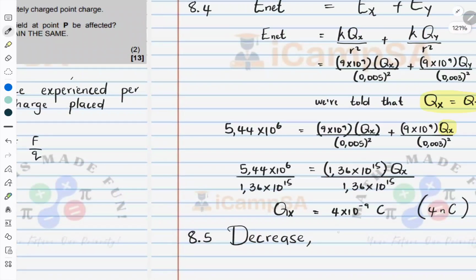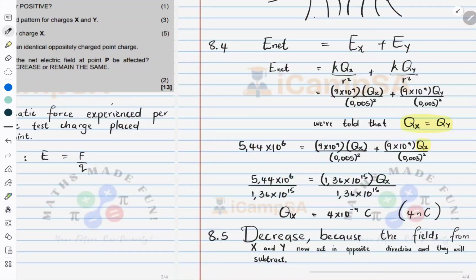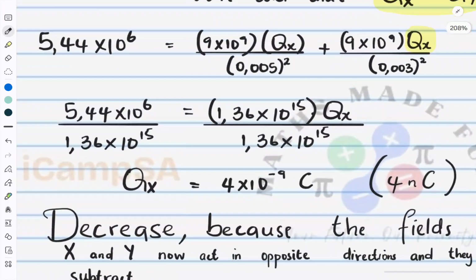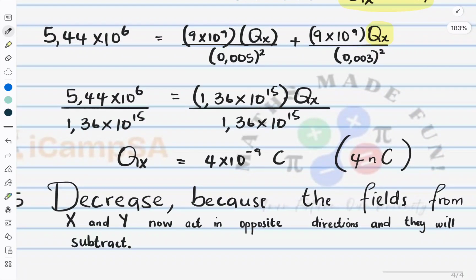Because now the fields from x and y act in opposite directions, and therefore they will subtract, leading to a lower net electric field. So that is how we would answer this particular question.